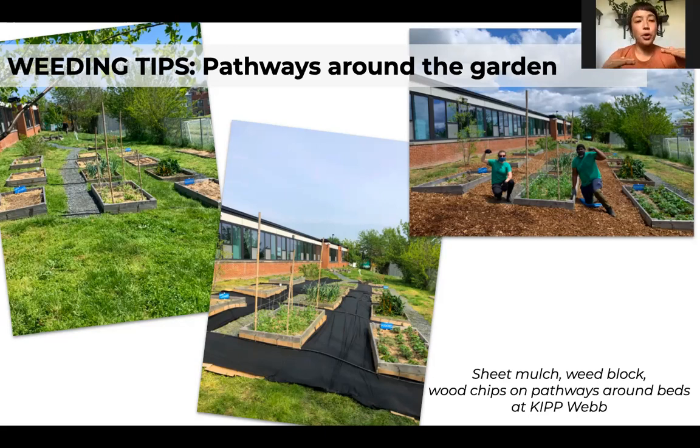The black fabric is weed block, or landscaping cloth, and you can get that from a hardware store. That goes on top, and then you top it all off with some wood chips. Now you have these lovely pathways, and it's nice and clean, and you don't have to worry about weeding like crazy. Next slide, please.